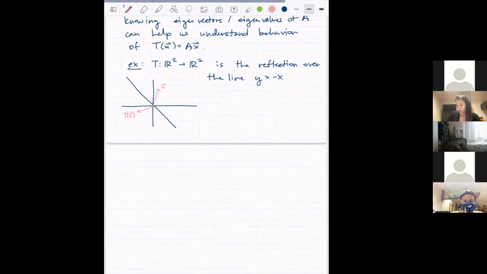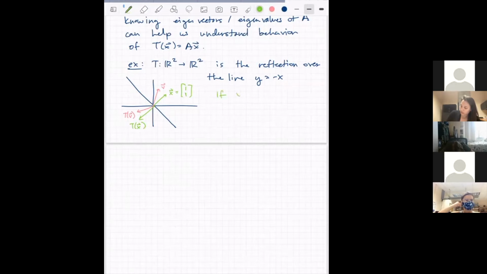But if it were a vector that is perpendicular to this line, say if we took x to be 1, 1, that would be exactly perpendicular to this line, and its reflection would be in the exact opposite direction. This would be T of x over here. And since these are collinear, this is an eigenvector, right?